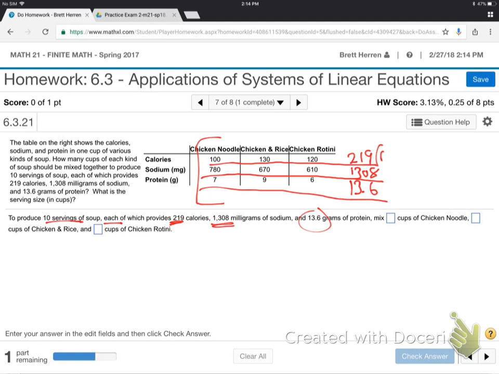So that means you got to multiply each of these by 10. 2190, 13080, and 136. Yeah, because these numbers were for one serving, right? So if you want 10 servings, you got to multiply 219 times 10. So they really want you to produce those numbers. That's the right side of the matrix. Is that good?